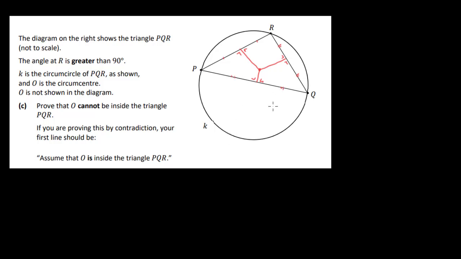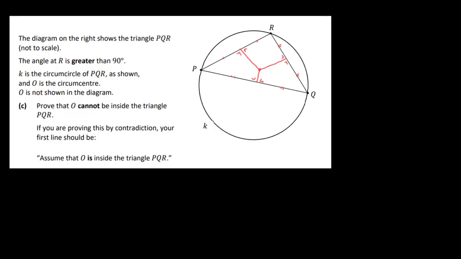Okay, so the other thing about a circumcenter is we could have drawn this circle by using a compass and putting the pin of the compass here, pencil out here, and drawing this circle. In other words, the distance from here to R, from here to P, and the distance from O to Q are all going to be the same. They're all going to be radii of the circle.